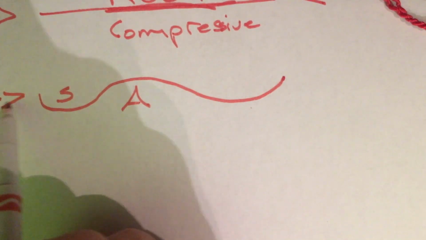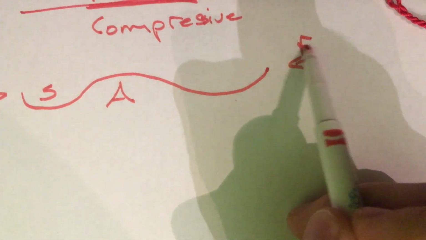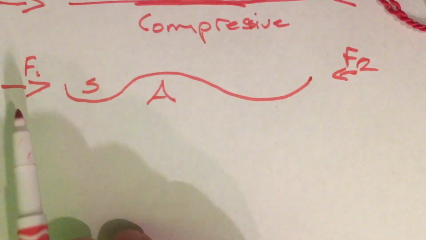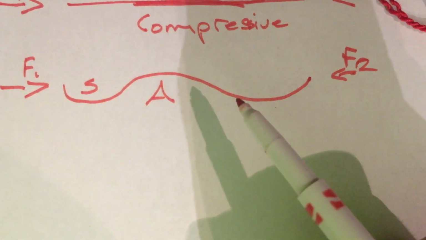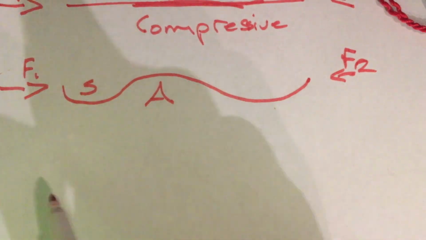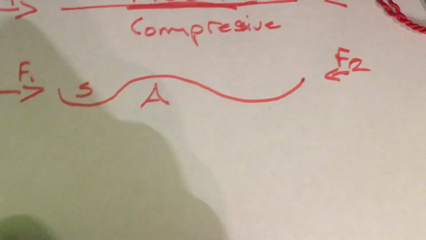So these two forces, F1 and F2, cause the rock to compress, forming anticlines and synclines. And the forces, F1 and F2, are actually made by convection currents in the asthenosphere.